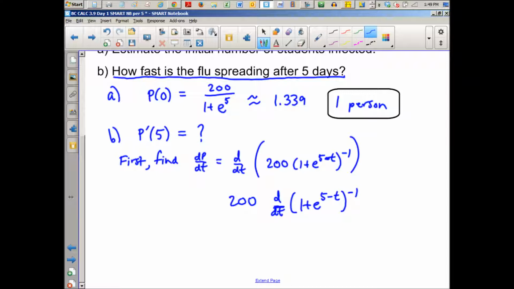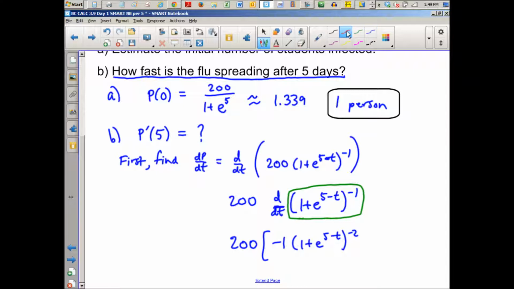All right, now we're going to go ahead and take the derivative of this. This is primarily something to the minus 1, as you can see. So we're going to do 200 times, and then we bring that minus 1 down, and then it will become a minus 2. We subtract the power, right?